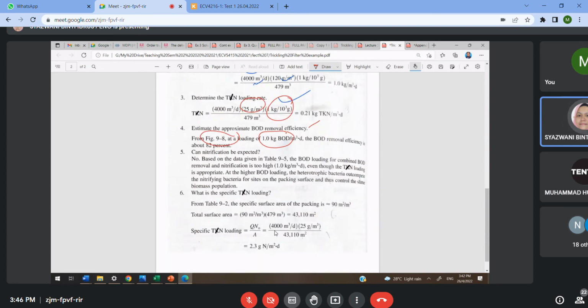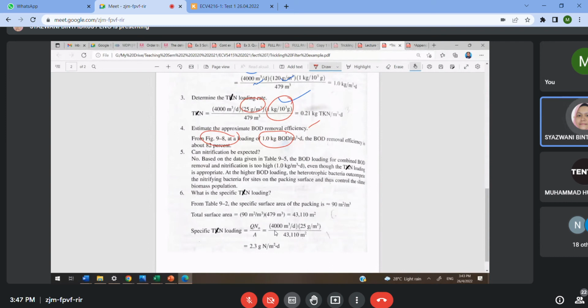Question number 5, can nitrification be expected? How do we know whether nitrification can be expected or not? First of all, you need to know what nitrification is. Nitrification is the process of converting organic matter into nitrate, which adds nitrogen into water or wastewater. If nitrification keeps occurring, you will end up with a higher concentration of nitrogen.